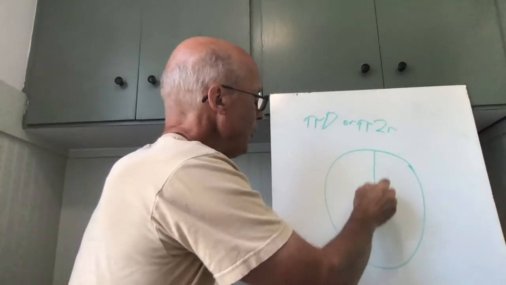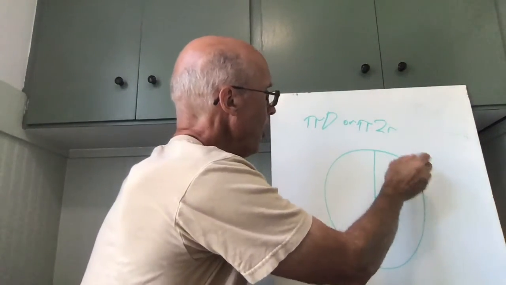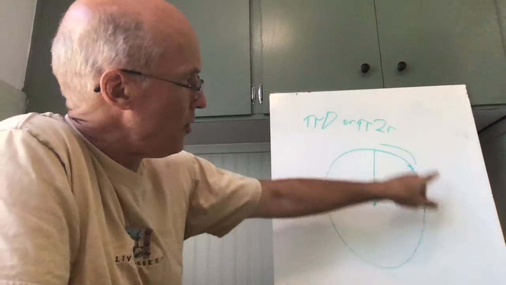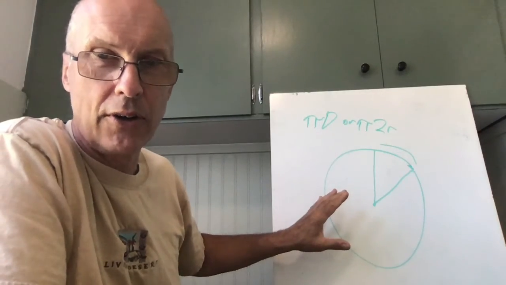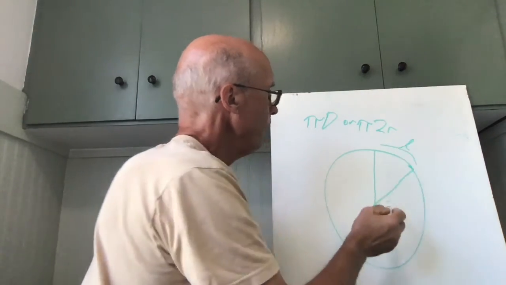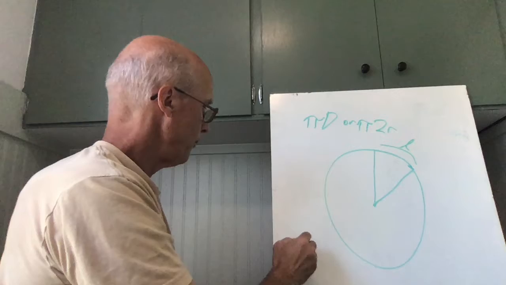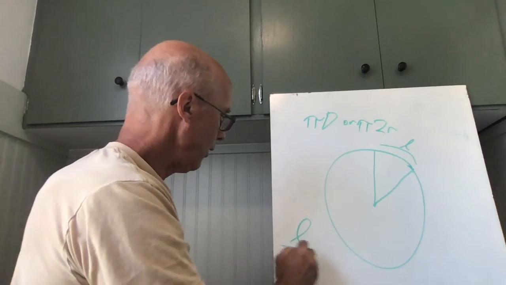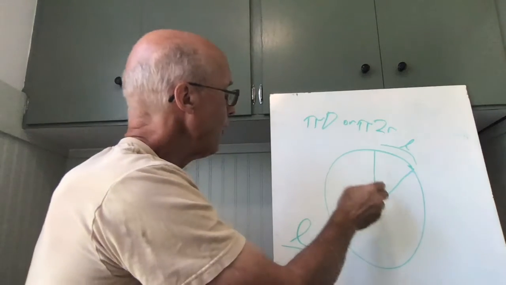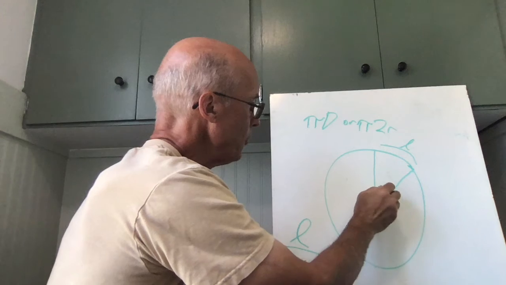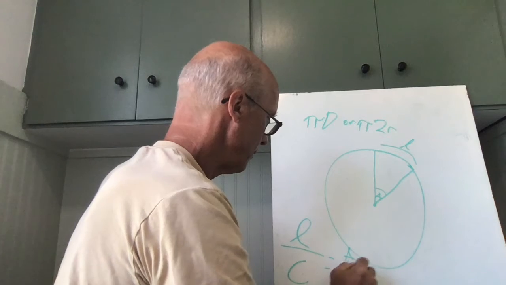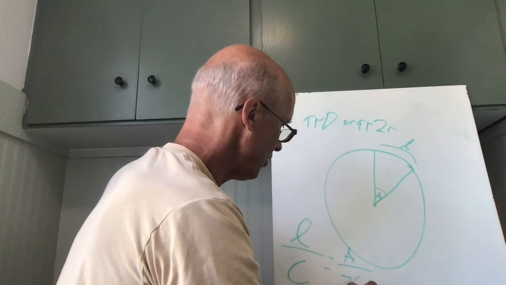So now let's reason this out. If we have an arc, that is going to be some percentage, some proportion of the entire circle. So let's just call this arc L. L is to the circumference as whatever this number of degrees is, we'll call this A for the angle, is to 360 degrees.